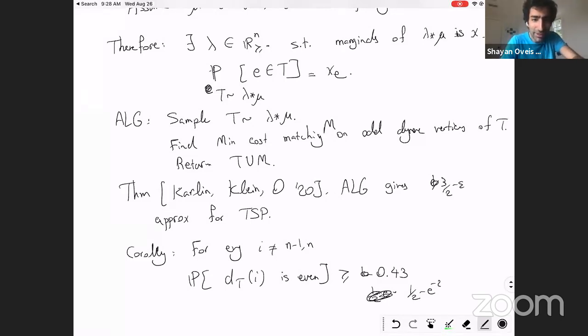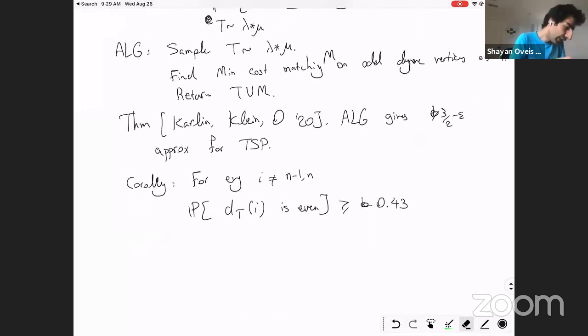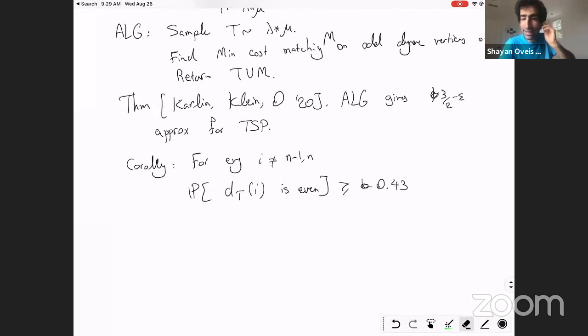No, I didn't say it correctly. One second. I forgot the exact expression, but it's about 0.43. You can simply get this from the fact that the degree distribution is a sum of independent Bernoullis.